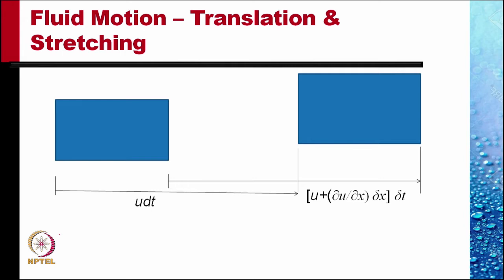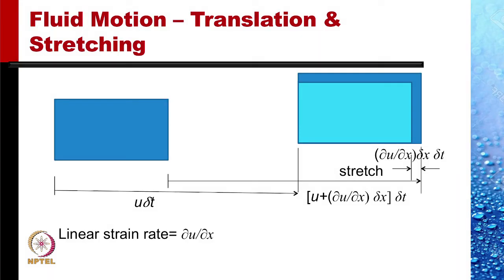Clearly, this would mean that the horizontal line at the bottom of the fluid element is now stretched. This is the original size of the fluid element, and this stretch is nothing but the difference of the two motions, and that would be delta u by delta x into delta x times delta t.